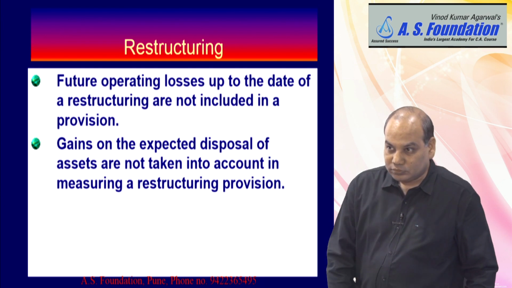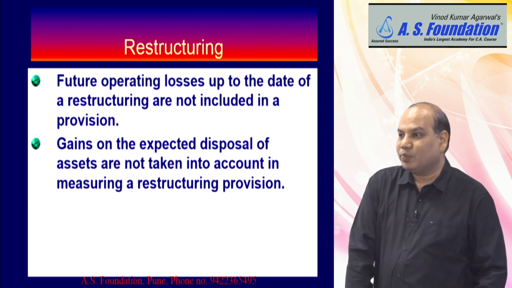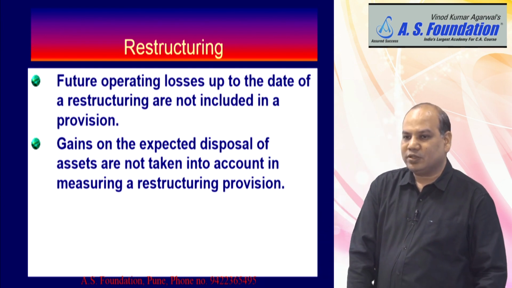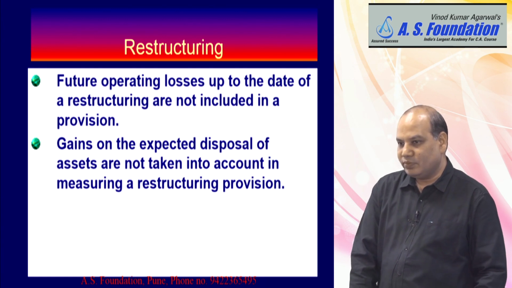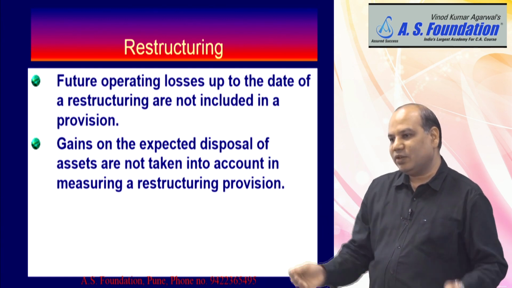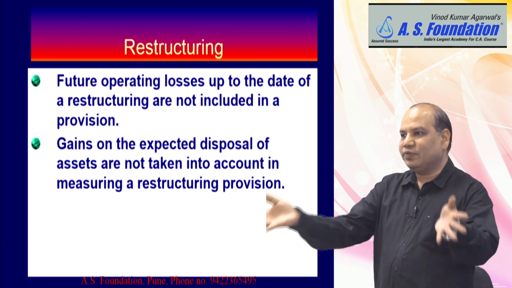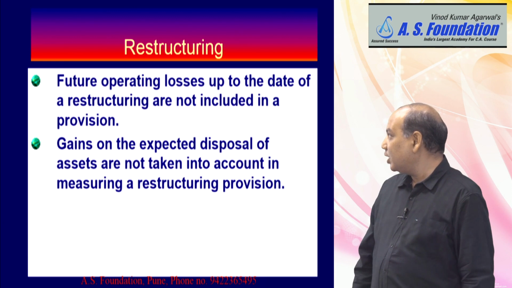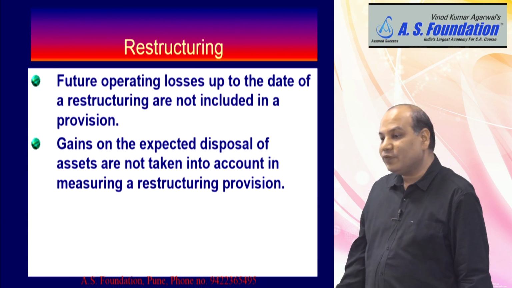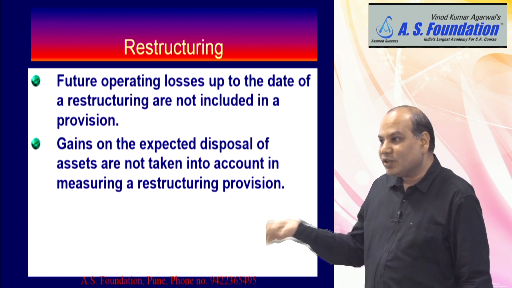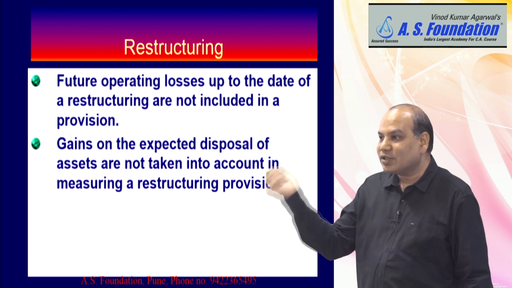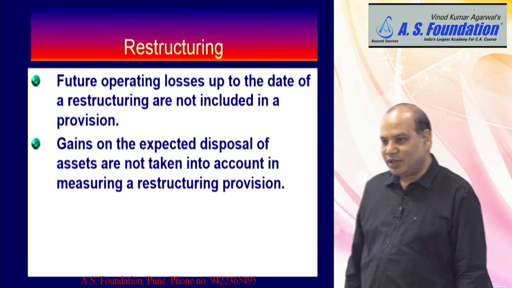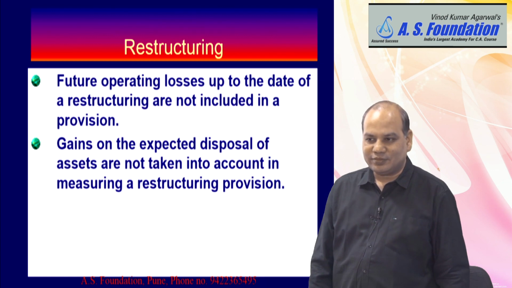Suppose you expect to make profit on disposal of some asset in the process of restructuring. I have to close down the chemical factory and I have to manufacture Taj Mahal. So it may be possible some asset I might sell at a profit. Will you consider the expected gain on sale of asset while estimating the amount of provision?